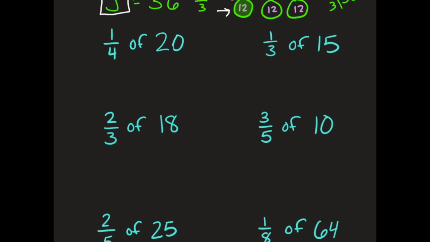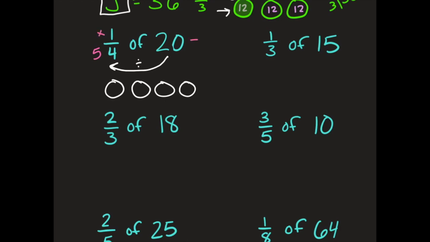I'm going to do a division problem first. Take my 20, and I'm going to divide by 4 because I need to separate them into 4 different groups. So kind of like we did before with my circles. So I'm doing 20 divided by 4, and again, this is a quick division problem that we should have memorized. That equals 5. And then I'm going to do 5 times my numerator.